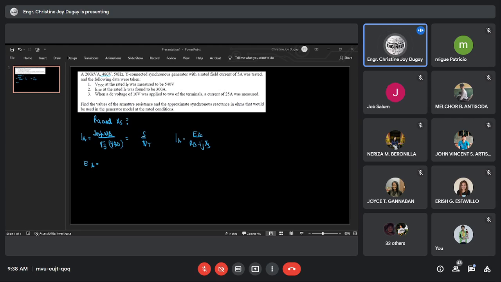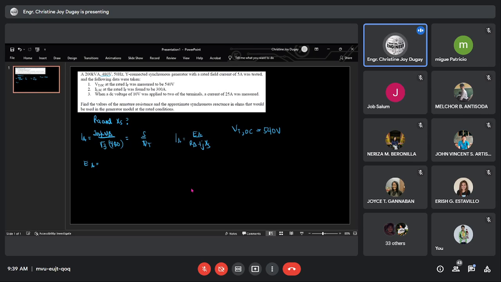Kung babasahin po ninyo dito sa problem natin, ang V terminal natin at rated IF, measured to be 540. Naintindihan po ba? So VT at open circuit, that is equal to 540 volts.